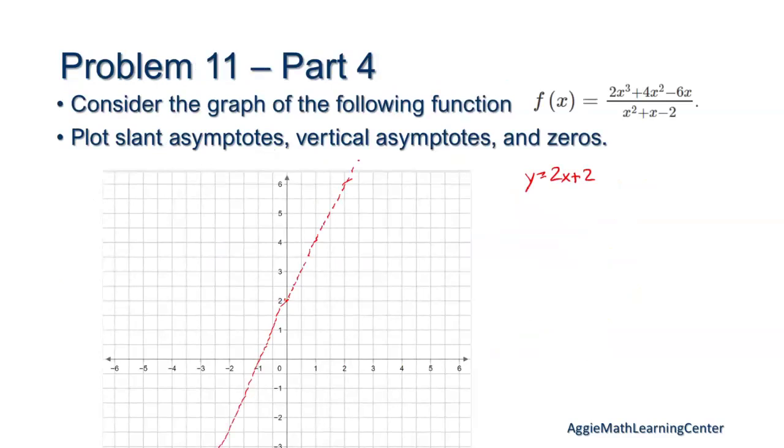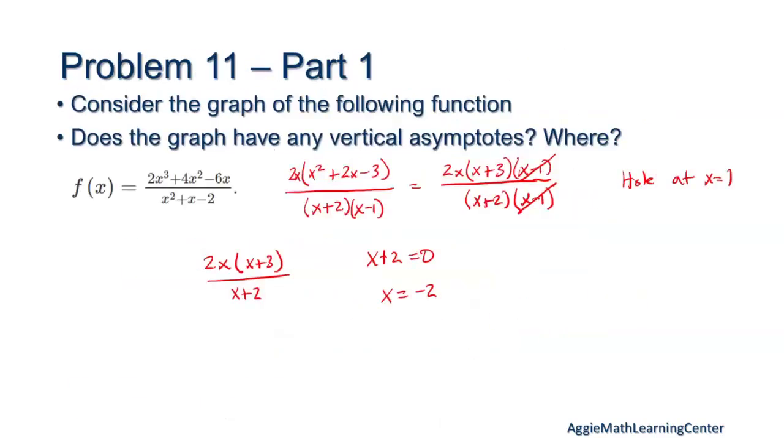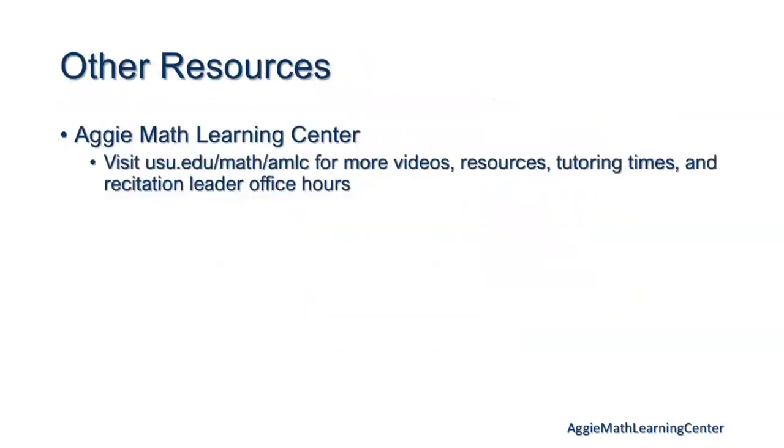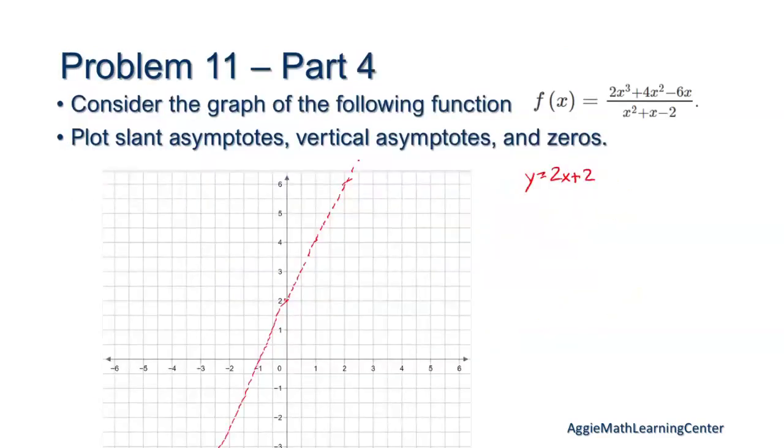And then we have a vertical asymptote, which was at x equals negative 2. So we can draw this one right here. And our zeros are at 0, 0, and negative 3, 0.